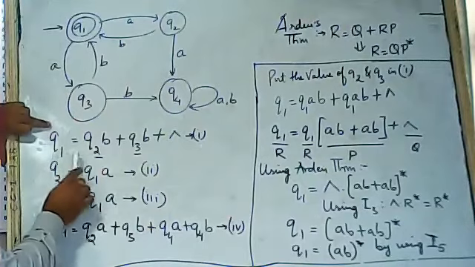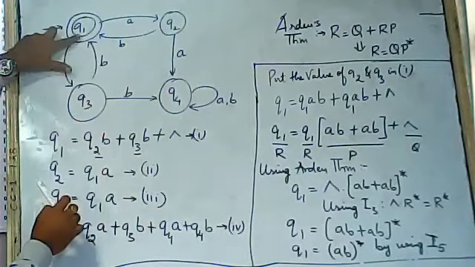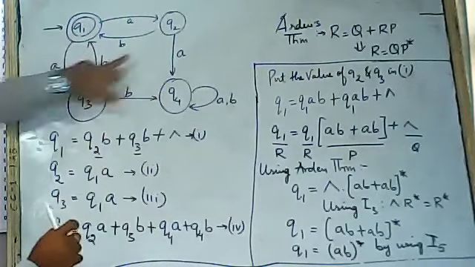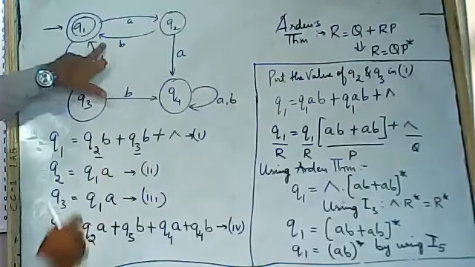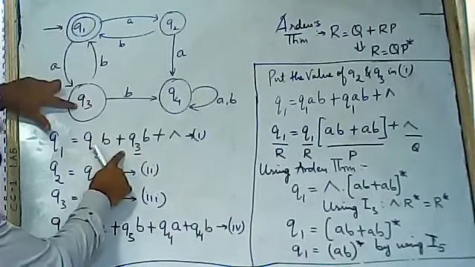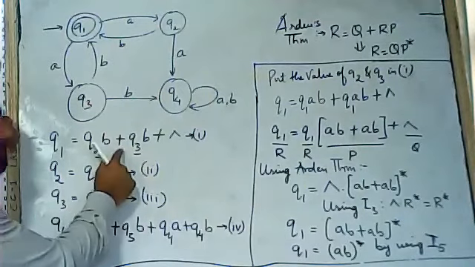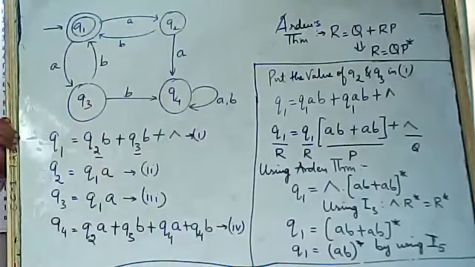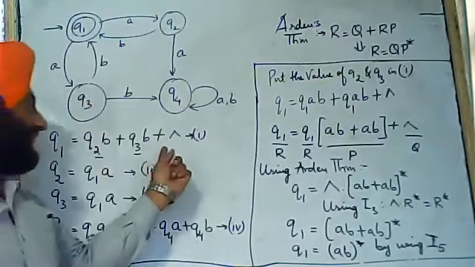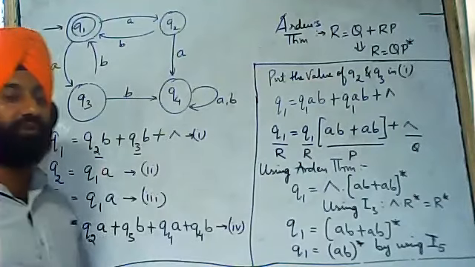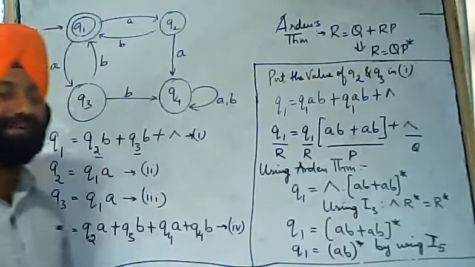So here you can see that the incoming towards Q1 is this B and this B, right? This B is approaching from Q2, so you can write Q2B plus this B is approaching from Q3. So next plus Q3B plus null. So null will be additional and it will be added in every case in case of initial states equation.